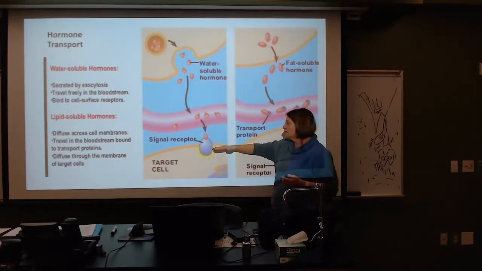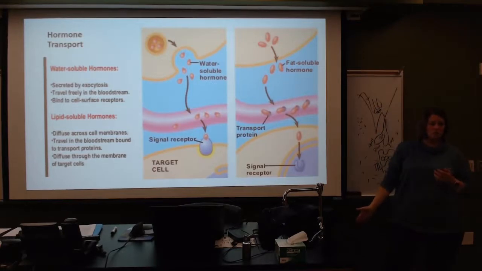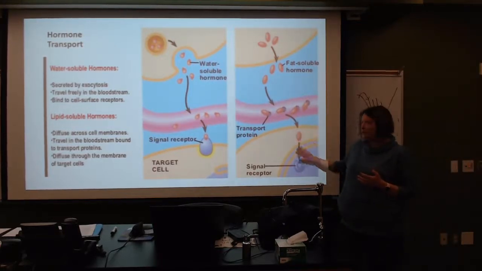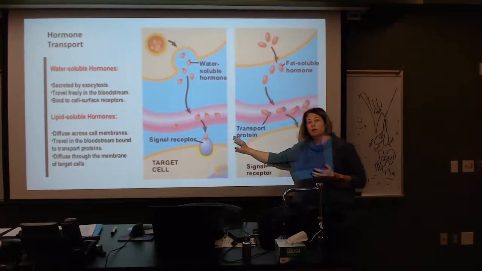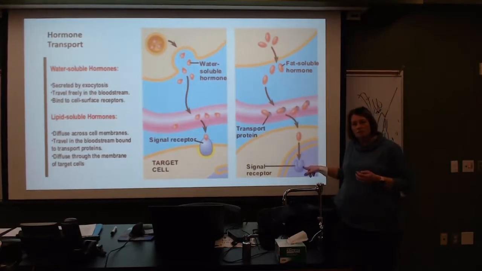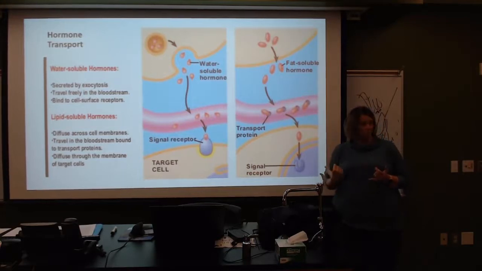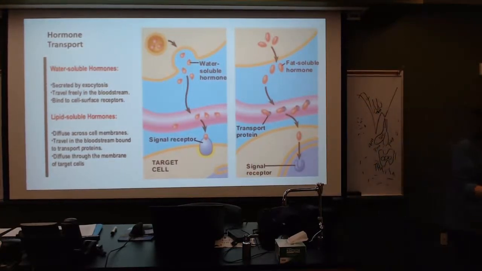Now, looking at the bottom part of this picture, where I have my fat-soluble versus water-soluble, they meet their target cell.